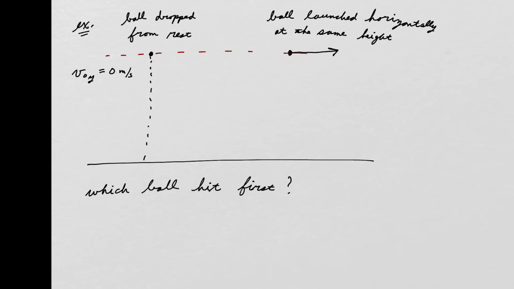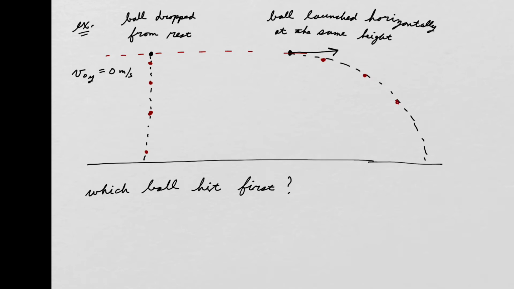So their motions in the y direction are going to be exactly the same, right? When this ball is here, this ball is at the same place in the y direction. When it's here, it's going to get faster and faster, so then it's here.